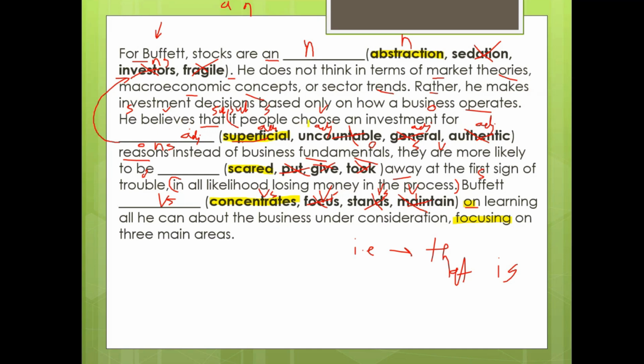He believes that people choose an investment for superficial reasons, just overall reasons, instead of learning the basic business. For example, if he's buying a stock of Reliance, and everyone is buying Reliance, and he is going for the same reason, that is a superficial reason.